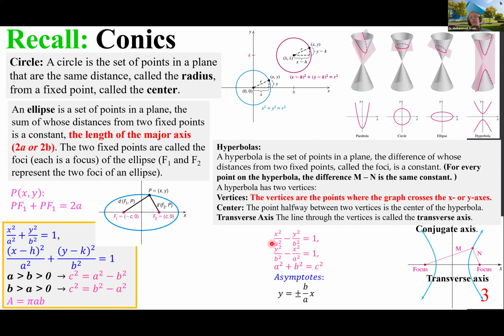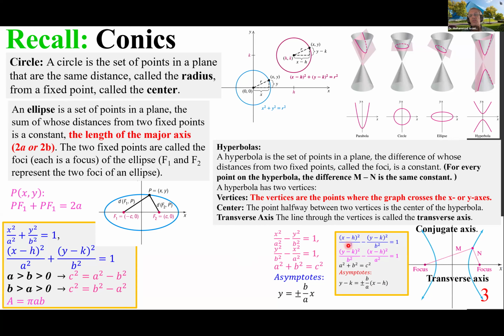Pay attention to the way I'm writing this. I keep the a squared under x squared in this case and in this case. This one opens sideways to the right and left, and this one opens up and down. When you keep them in the same format that I have it, then the equation of asymptotes remains unchanged. Otherwise, they do change, as it happens in many texts.